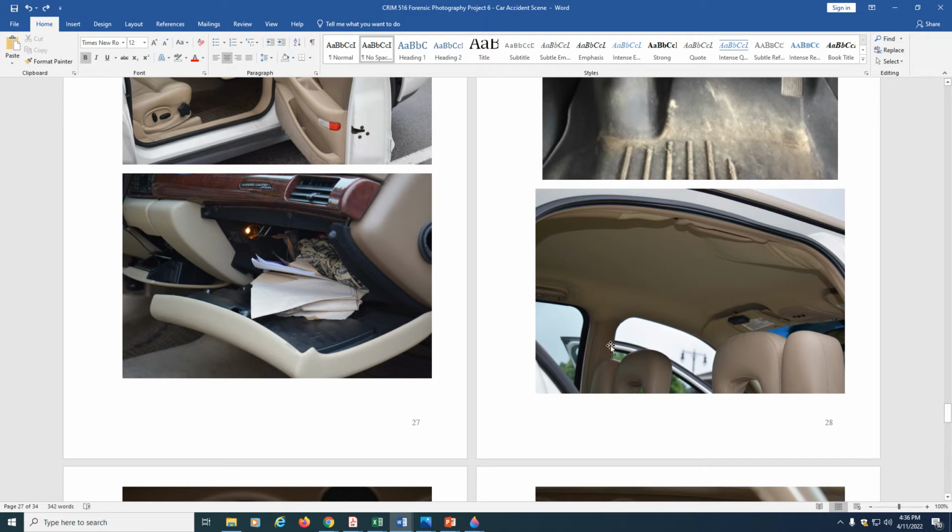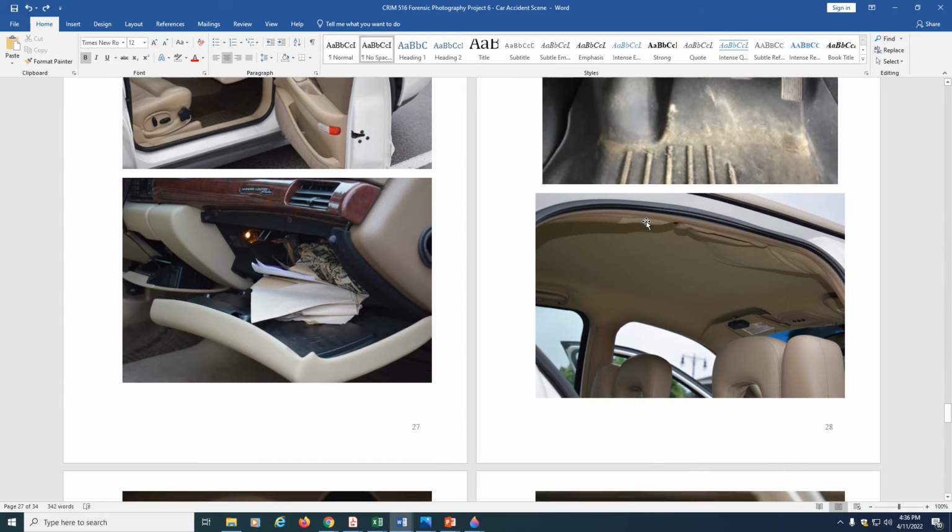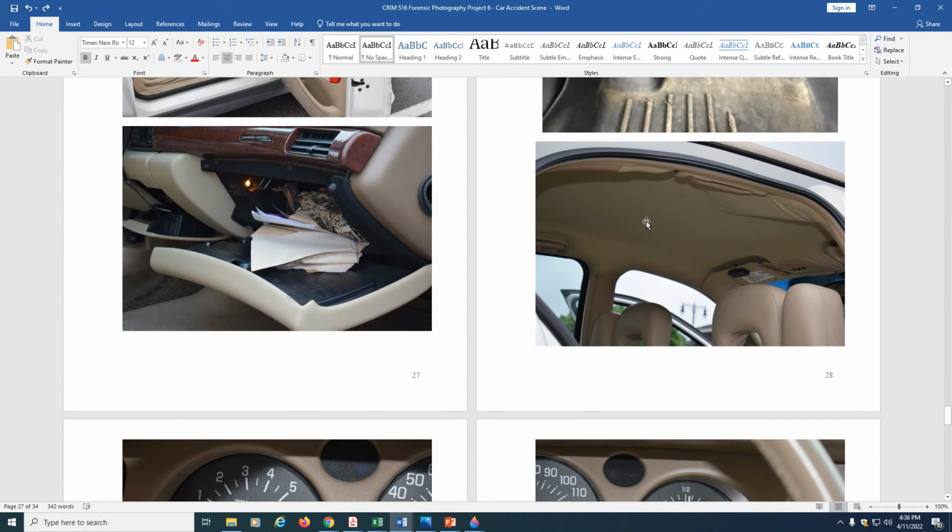But either way, just like I said, smaller compartments which you have access to, pedal area, make sure they're functioning, and then the top to see whatever evidence might be up here, or also if there's anything else that would indicate what happened.